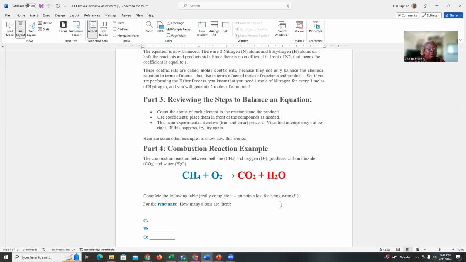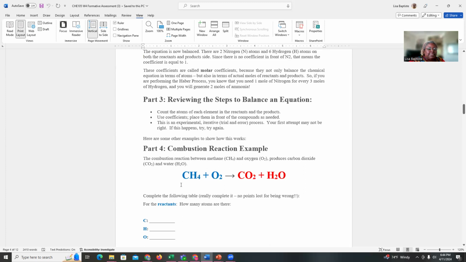One way you can think of this is that the chemical reaction is like a recipe. The numbers that we add are the measurements that, when we add them together, produce a certain number of products. Okay. We'll go through the steps that are given in the handout, but I want to give you just a brief overview.